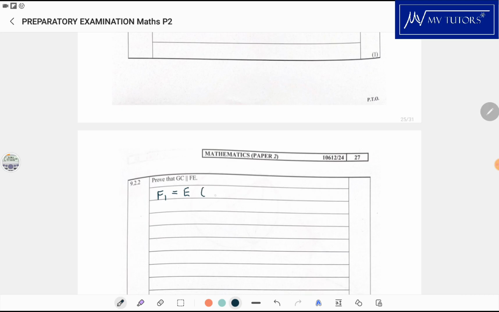I'm just going to write it in full. Tan chord theorem. That's why. It's because of the tan chord theorem, and F1 is equal to X then.